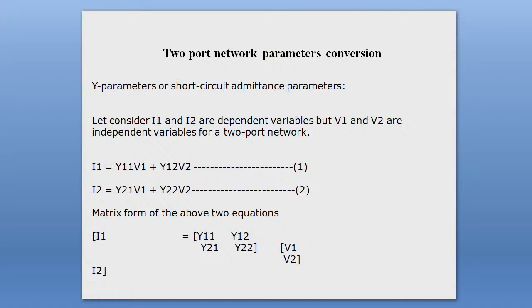Similarly, as earlier, the steps you used to calculate the Z parameters, in the same way you can calculate these, but the only difference is that for this case you consider the ports short circuited instead of the open circuit condition. Let me write here.